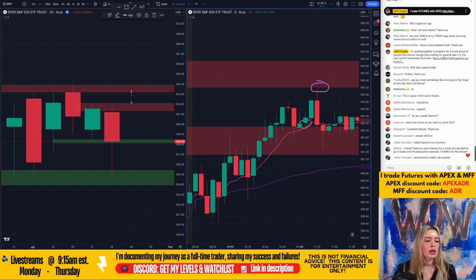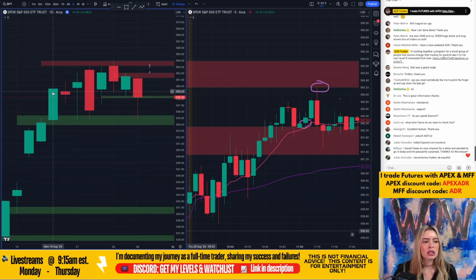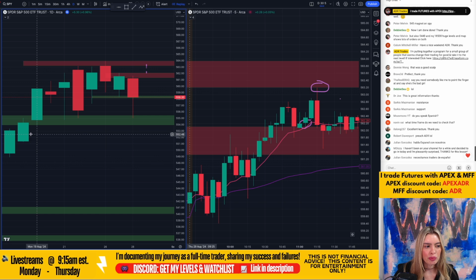Because let's go back to market structure. What was SPY doing these days? It was chopping around. It wasn't following up with this uptrend, right? So I know SPY is just consolidating, being choppy, moving between these two support and resistance.